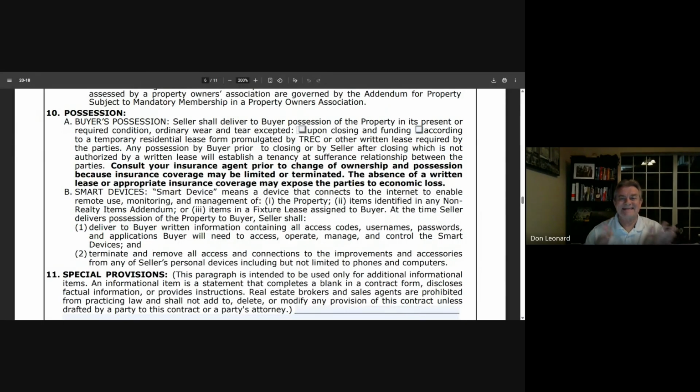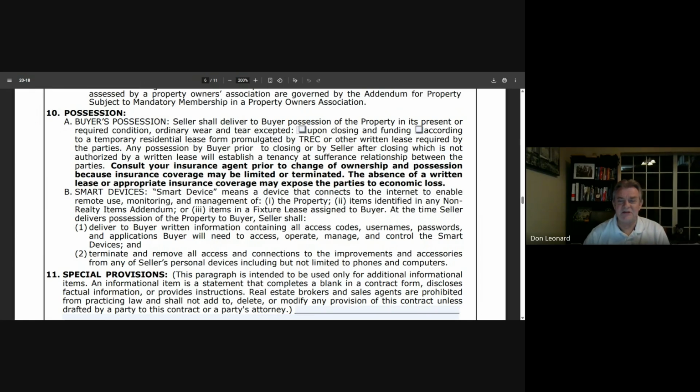If the seller is staying after closing, then we use the seller's temporary residential lease. One of the two. They are promulgated forms. Make sure you use them if your buyer's moving in early or your seller's staying late. Do not put it in special provisions. Putting it in special provisions would be the unauthorized practice of law. So you don't want to do that.